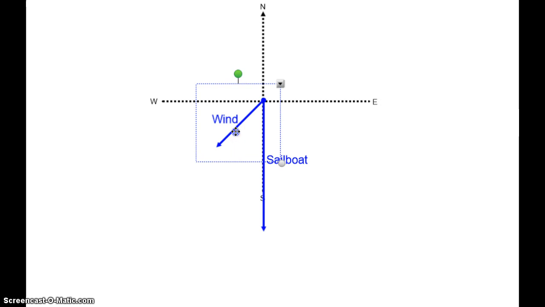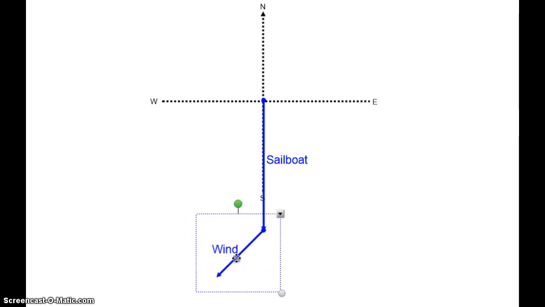So you want to physically redraw one of the vectors so that its tail is extending from the head of the other vector.